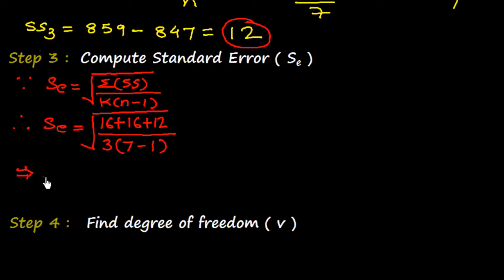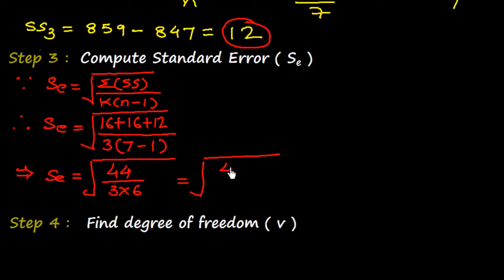So we get here SE equal to square root of 44 over 3 into 6, 18. So we get square root of 44 over 18.